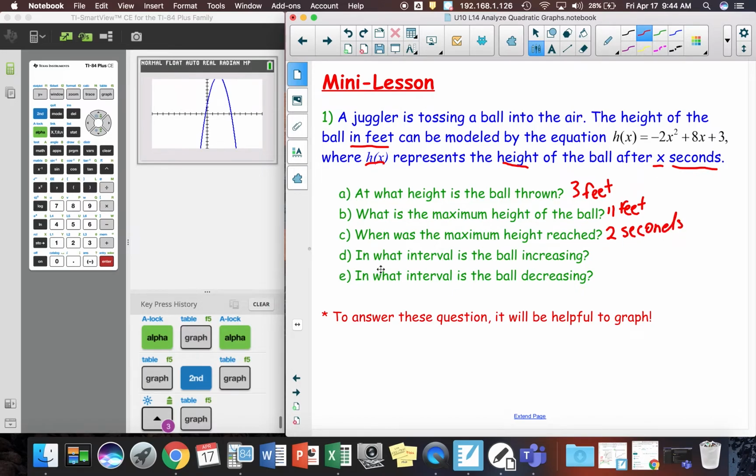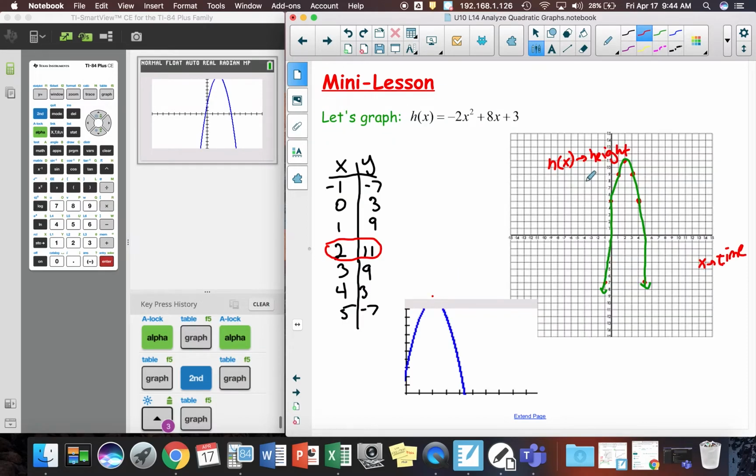Now it says, in what interval is the ball increasing? Okay. Now this is also going to help us out, the vertex. So when is it increasing? It's increasing from 0 all the way up to 2. It's going to keep going up from 3 to 9 to 11. And then that's it. It's not going to go any higher than that because 11 is the highest point.